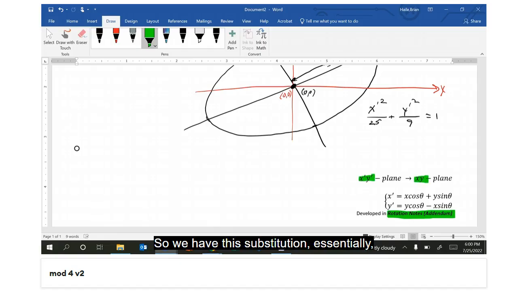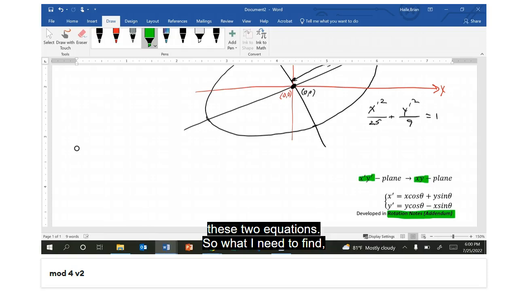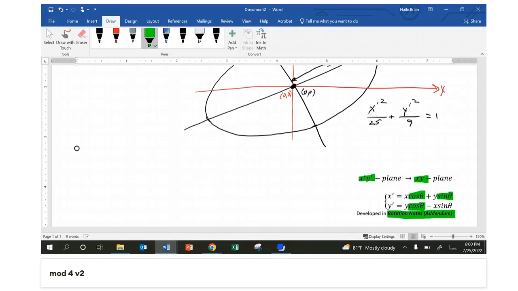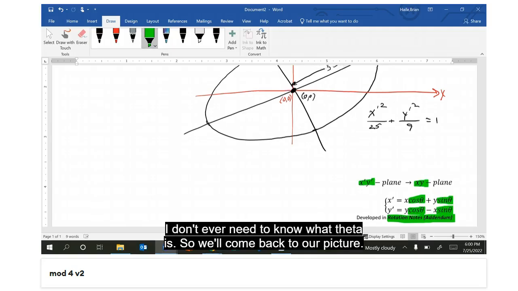So we have this substitution essentially of this set of transformations, these two equations. So what I'm looking for next is, I need to find theta, or really in reality I don't need theta, I need cosine of theta, sine of theta. That's really all I need.